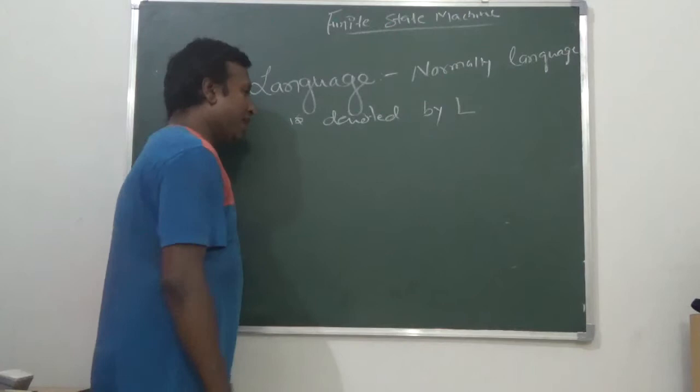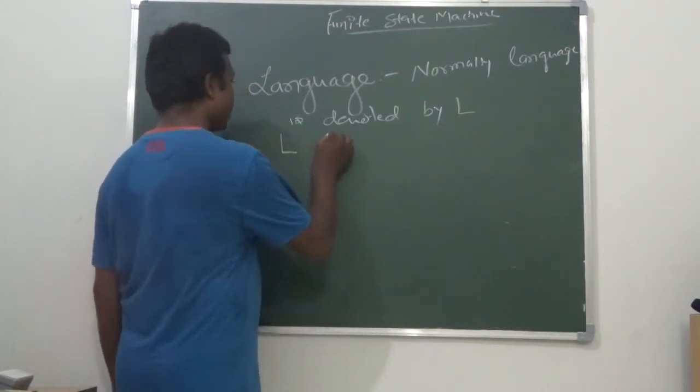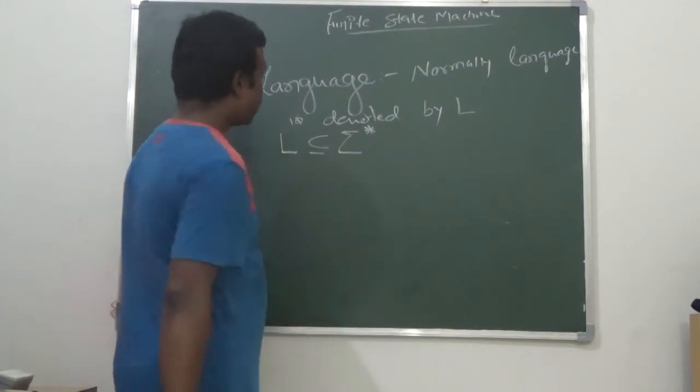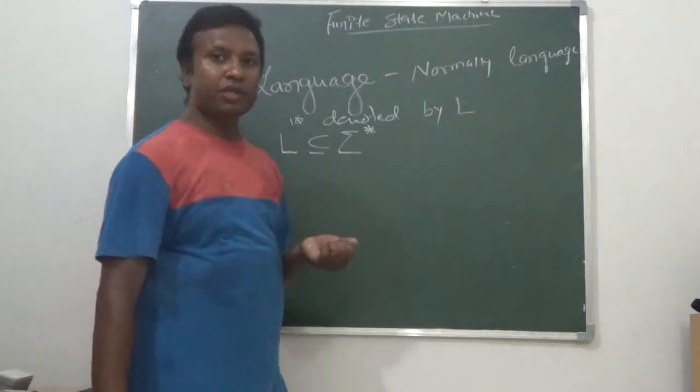It is denoted by L. And what is language? Language is nothing but a subset of sigma star. So a language is nothing but what? The subset of sigma star.